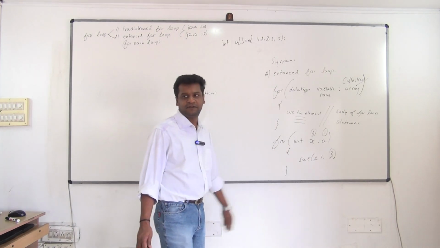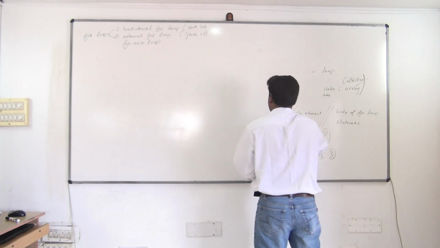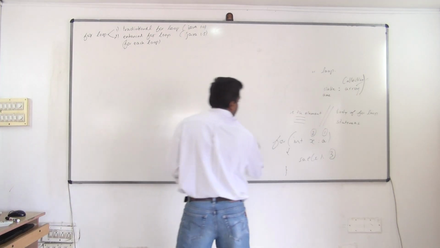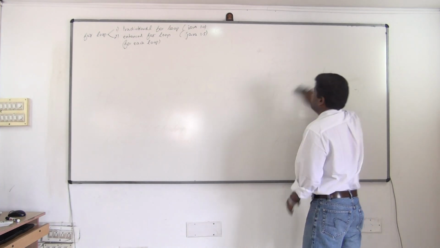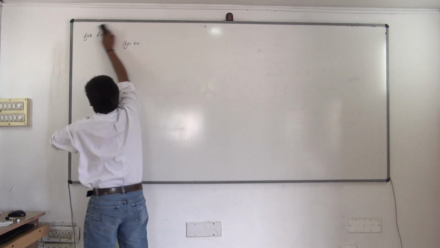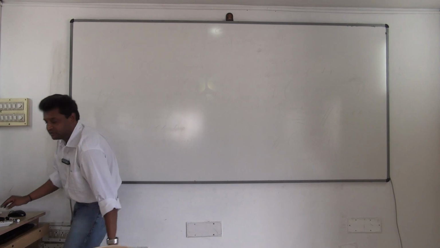Here all three are eliminated. Shall I clear this also now? It is also known as what? For each loop. It is called the enhanced for loop, or it is also called the for each loop. Both are correct.